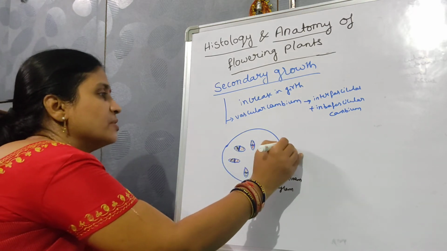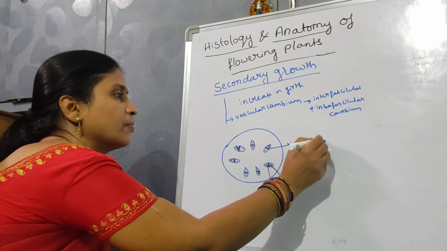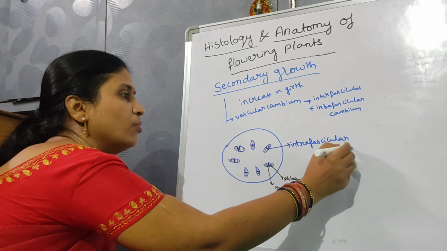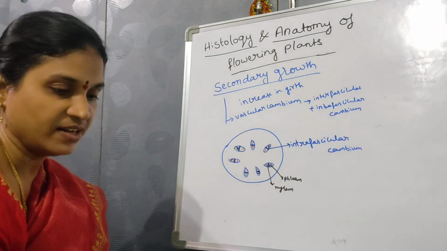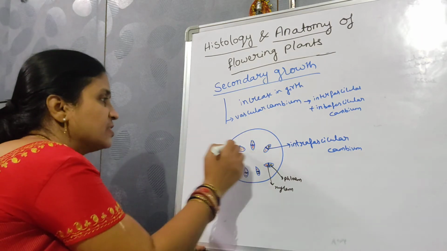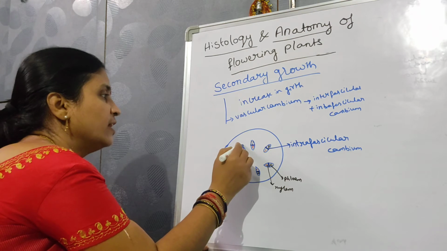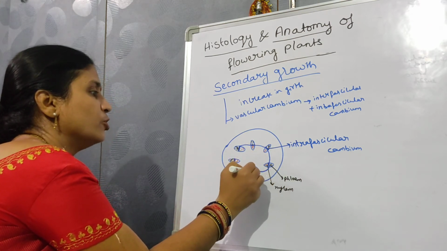So this particular cambium is called intrafascicular cambium. It is going to form in between the xylem and the phloem. Then after a few more years, as the tree gets older, this is going to get completed. A ring is going to be formed.